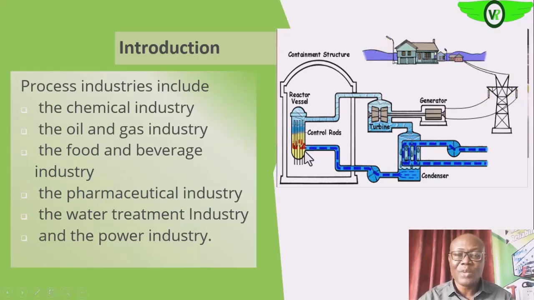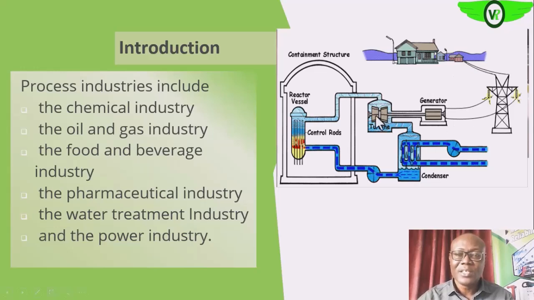Here we see the conversion of that heat energy, as a result of the nuclear reaction in the reactor, to high kinetic energy in the steam, and that fast moving steam with high energy is directed towards the turbine.